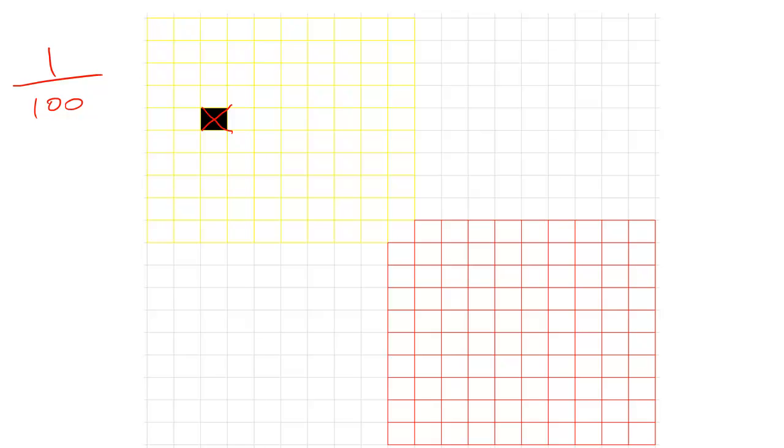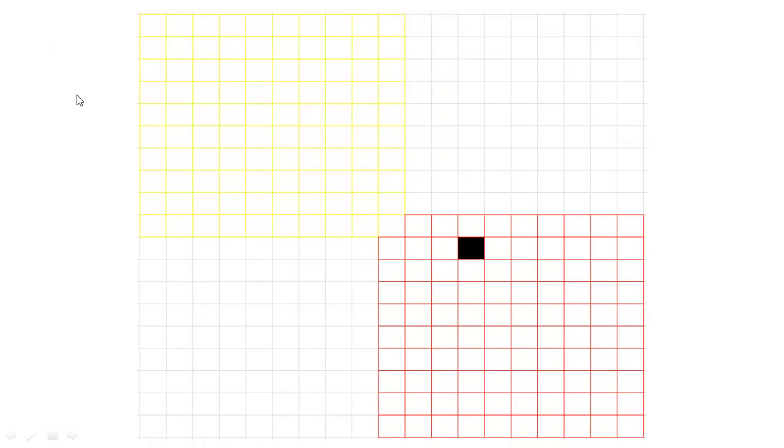And now let's do the same thing for the red rectangles, which is basically 2nd row, 4th column, again a probability of 1/100.